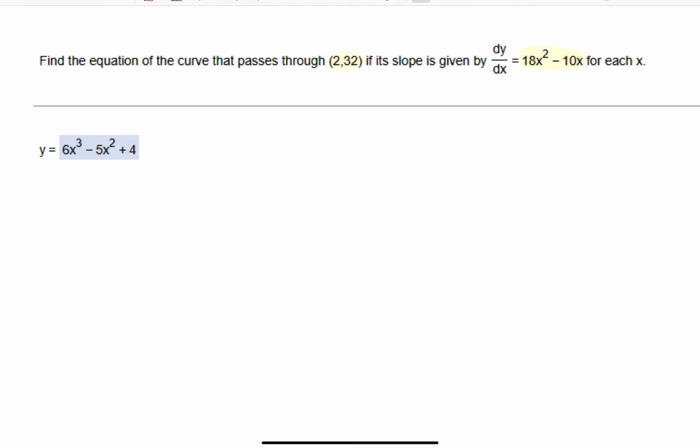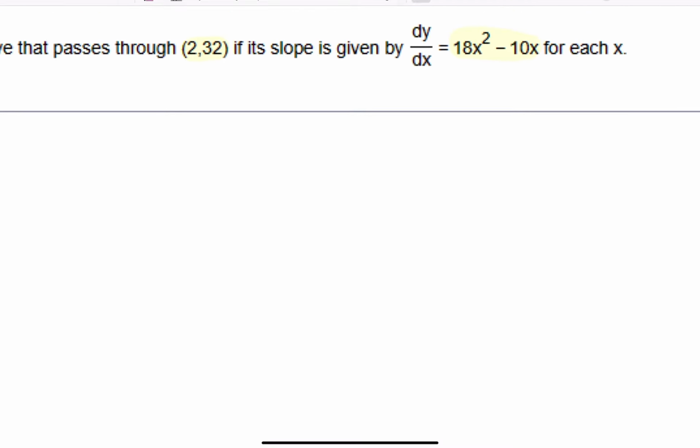So here I am finding the integral. This is my slope. I got the slope from differentiating the equation. To get the equation, I have to find the antiderivative of 18x squared minus 10x dx.